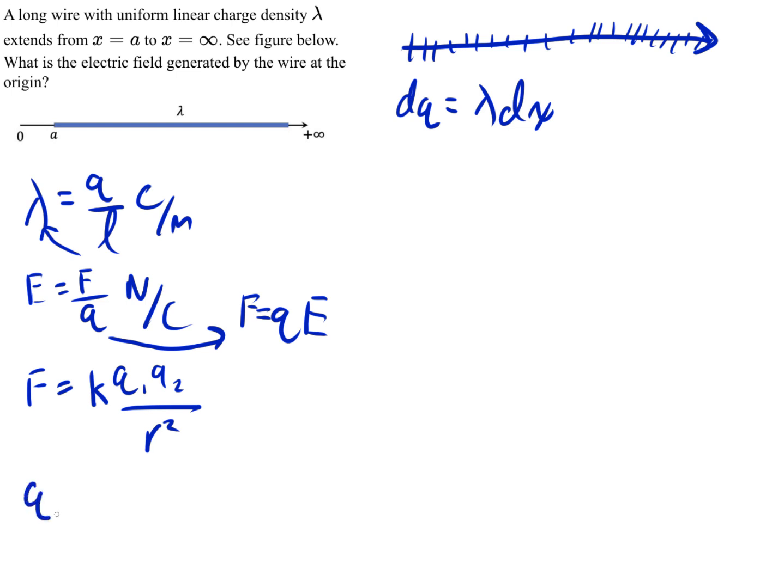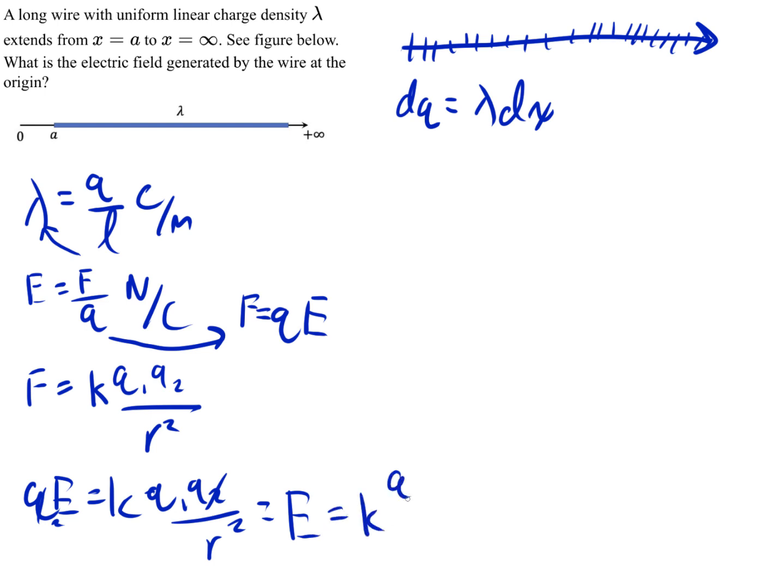So now we can replace that. Let's say that this charge is charge 2, it doesn't really matter. Now these two will cancel, and you're left with the electric field equal to the Coulomb constant times charge divided by the distance away from that charge squared.